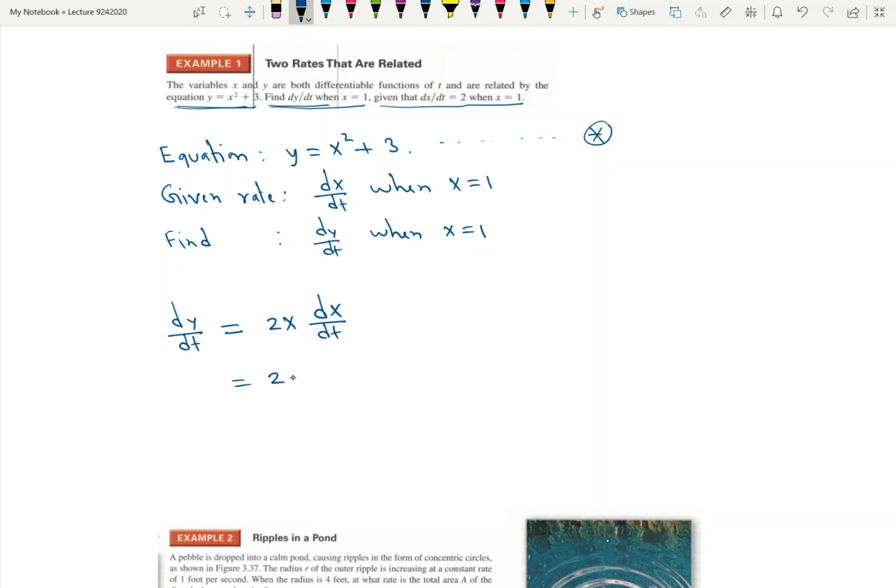So plug in x equals 1 and dx over dt is 2, it's given. So it is 4, and it doesn't have any unit, so you can write just 4. So this is the answer. dy over dt is 4.